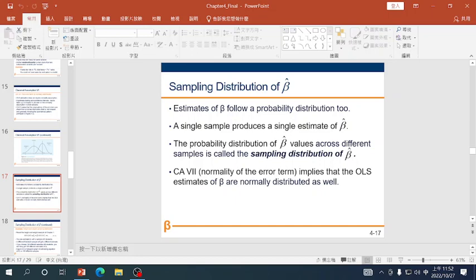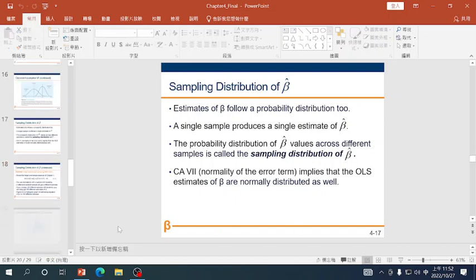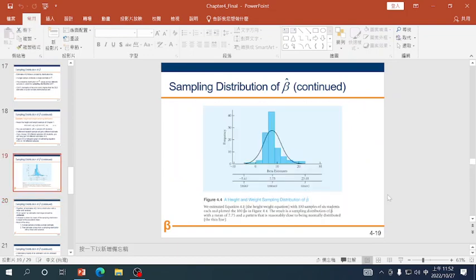And mathematically, with the assumption of normal distribution, it can be shown like this one. This is an example they're using, also with height and weight like our examples, and they collected 100 samples.